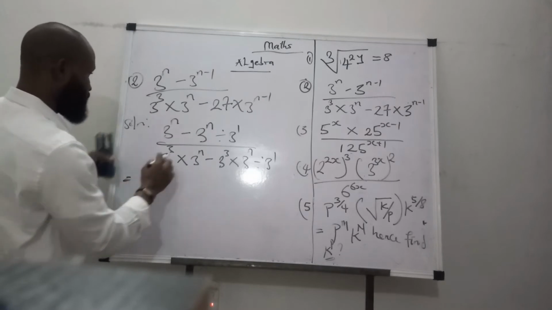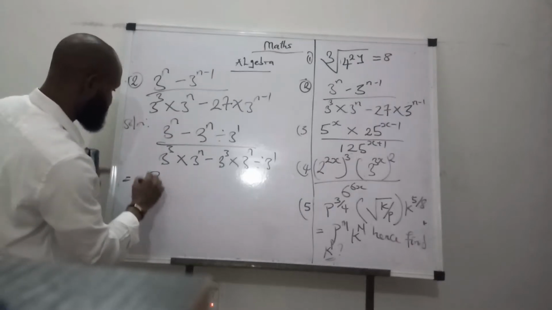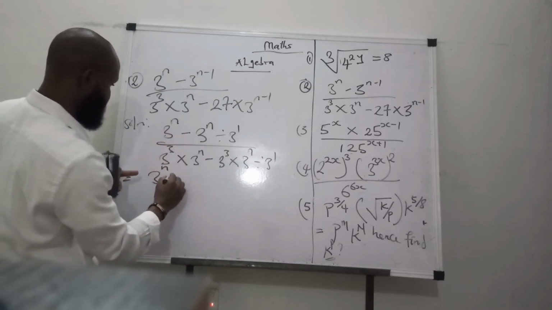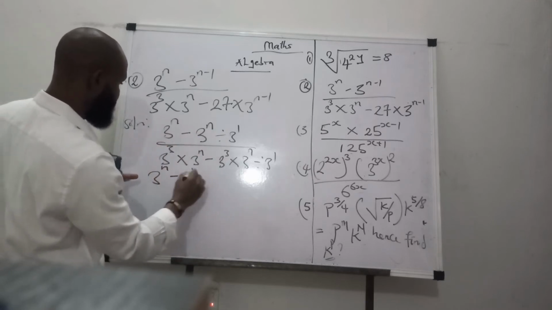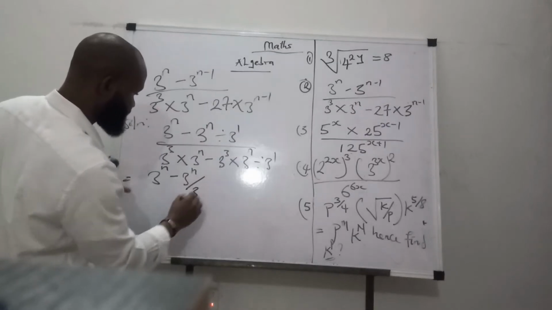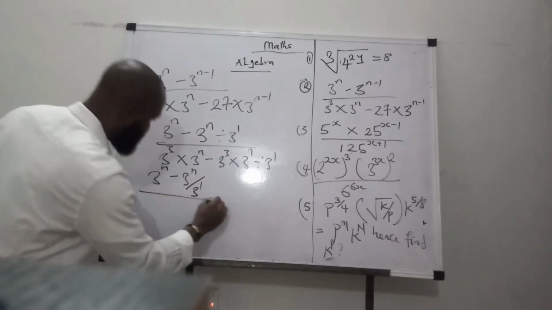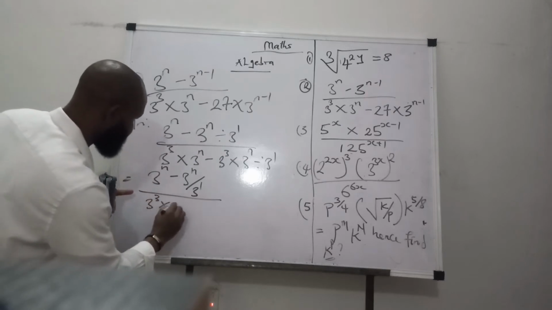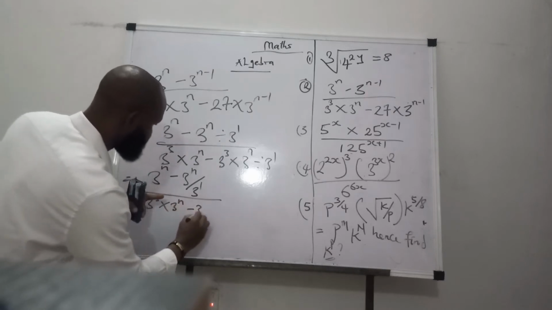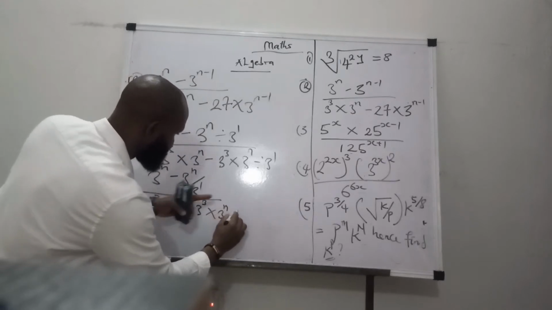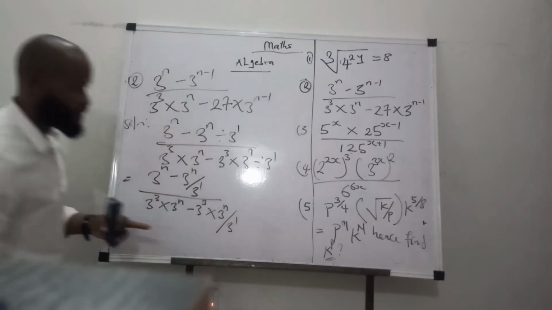So we go ahead by saying, what is common amongst this? 3 raised to the power of n minus 3 raised to the power of n divided by 3 raised to the power of 1, correct? All over 3 raised to the power of 3 multiplied by 3 raised to the power of n minus 3 raised to the power of 3 multiplied by 3 raised to the power of n divided by 3 raised to the power of 1, correct? Yes.